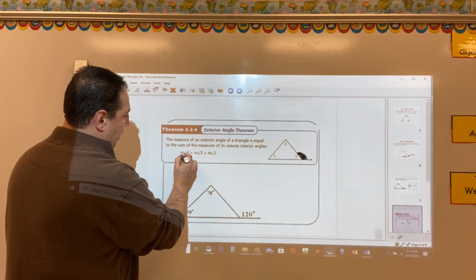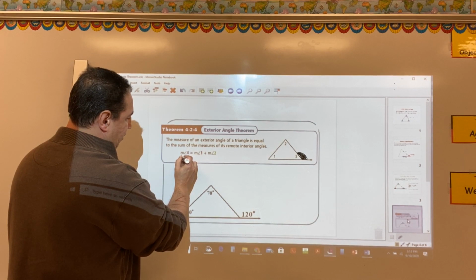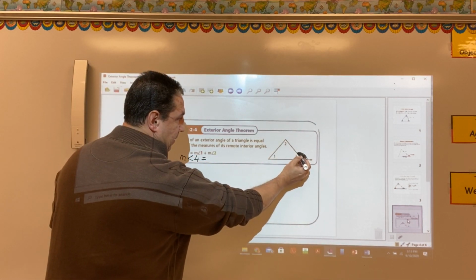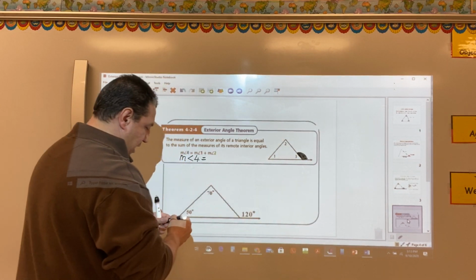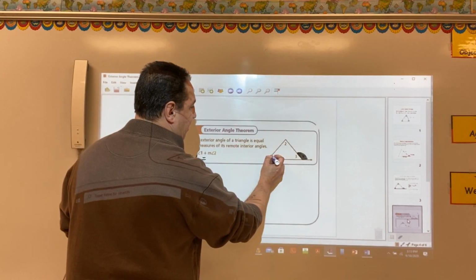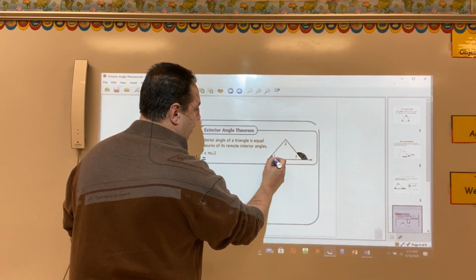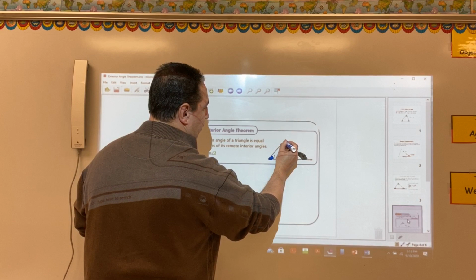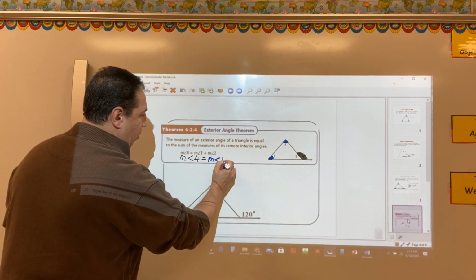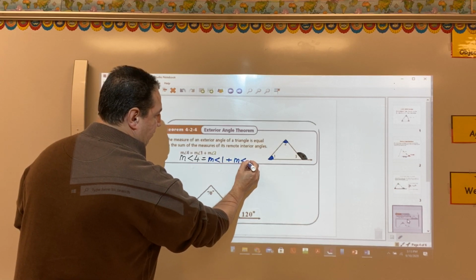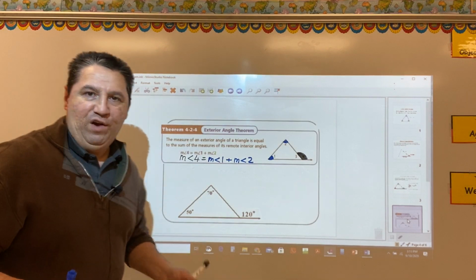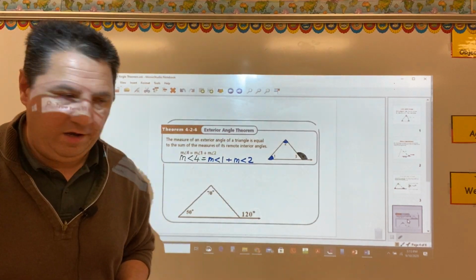Measure of angle 4 equals the sum of the remote interior angles that are 1 and 2. We say measure of angle 1 plus measure of angle 2. That's briefly the exterior angle theorem.